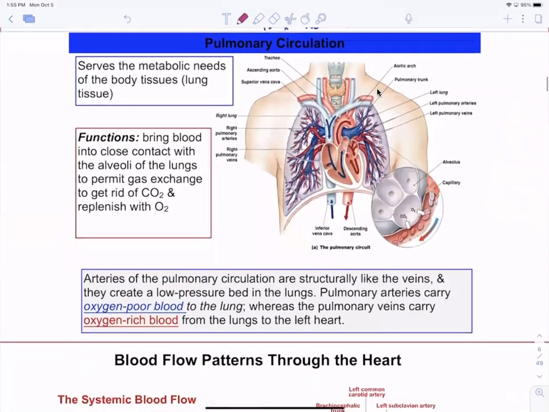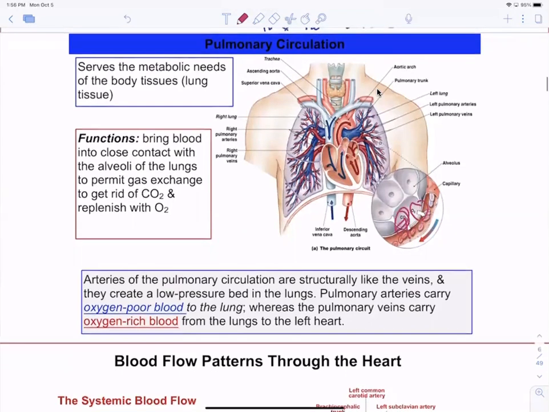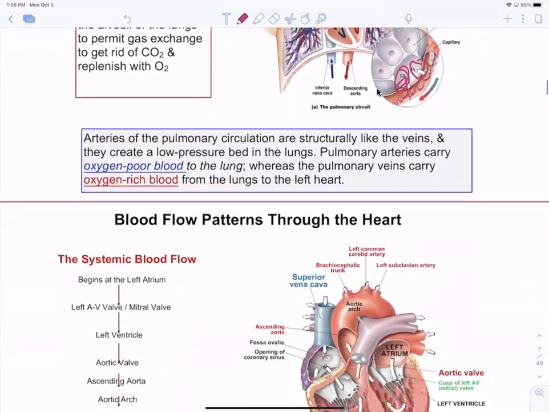Now, again, the pulmonary circuit is to have the blood, as it passes by, get new oxygen and get rid of the carbon dioxide. And so the blood returning back to the left side is going to be newly oxygenated blood, or oxygen-rich blood.